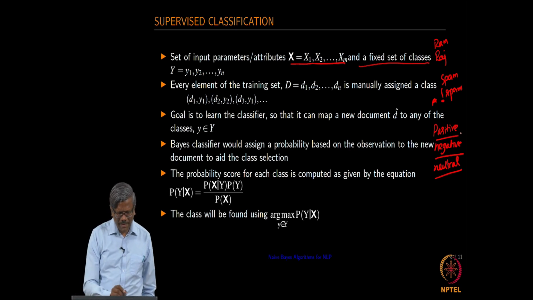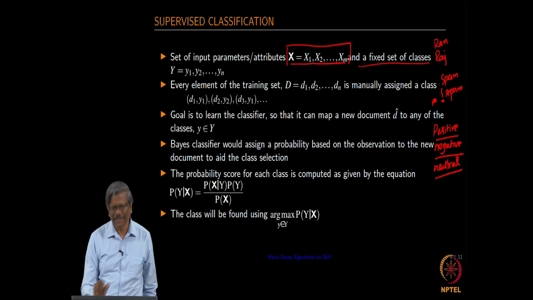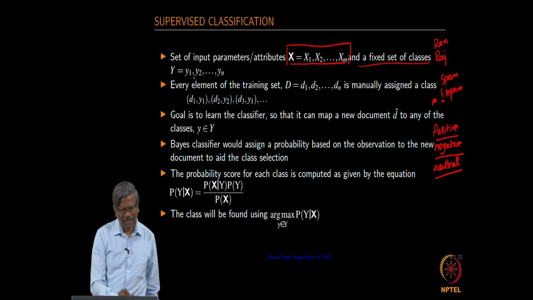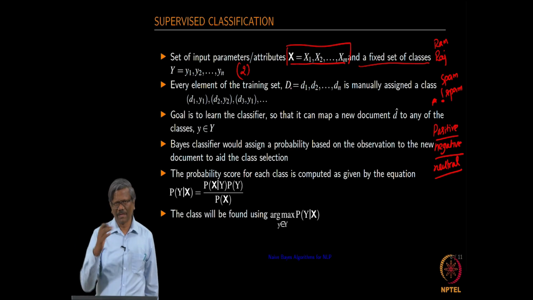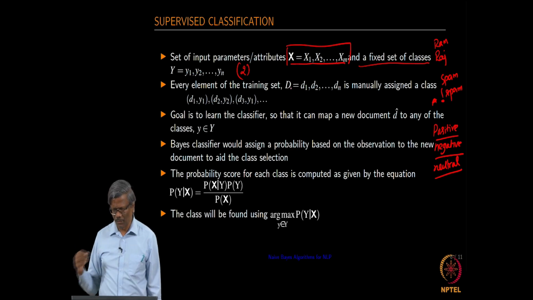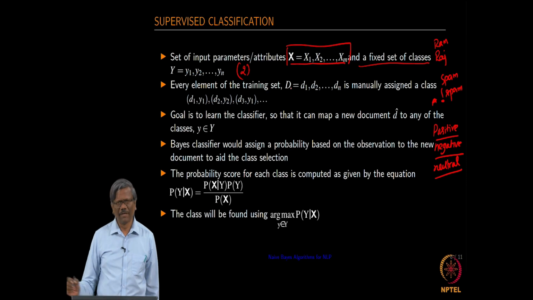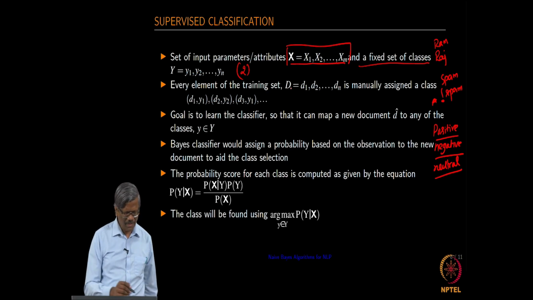Okay. So, now we are going to be looking at various attributes of x with varying length, and we have a fixed set of classes y, which is y1, y2, yn. In this case, as I mentioned, we have only 2 classes. Okay. So, every element of the training set, so we can consider that as a document 1, 2, 3, 4, 5 and so on, is manually assigned a class, right.